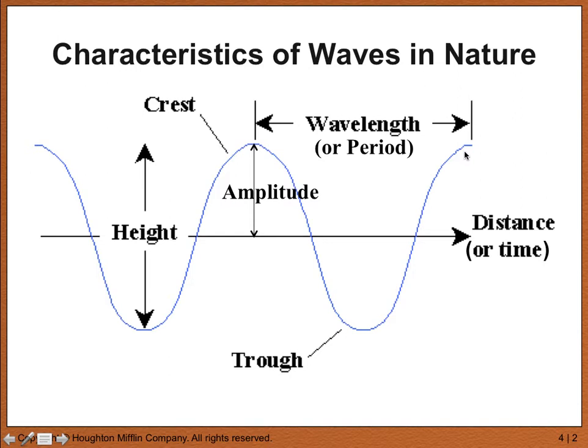That would be one full cycle. Whereas if we're talking about distance, wavelength is the physical distance from crest to crest. When we're talking about time, period is the amount of time that it takes for one cycle to complete.